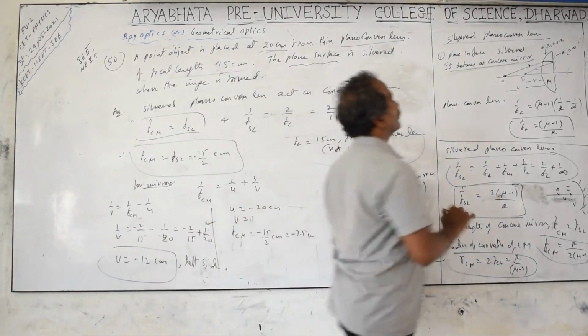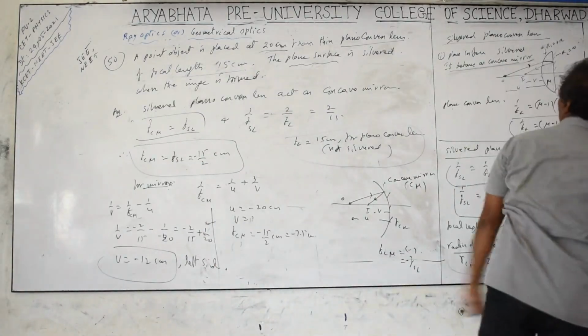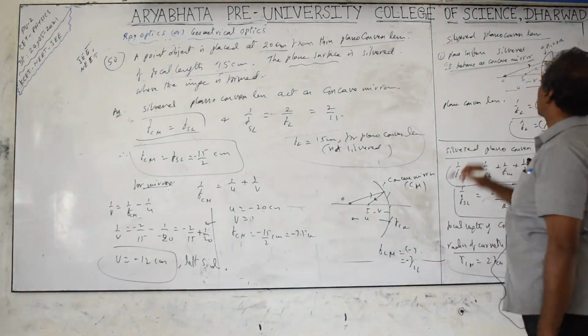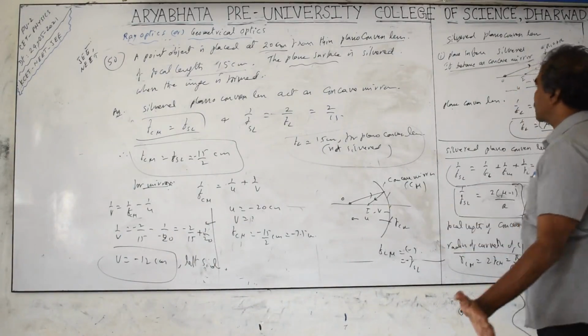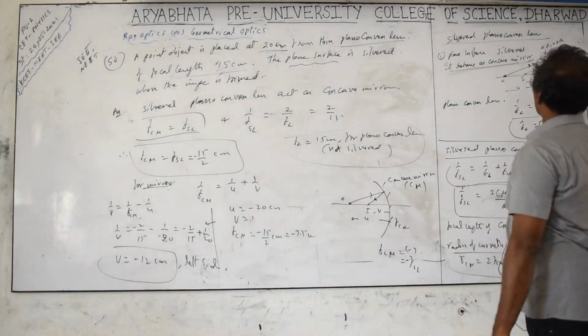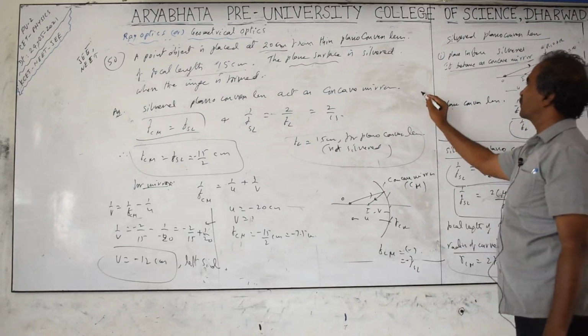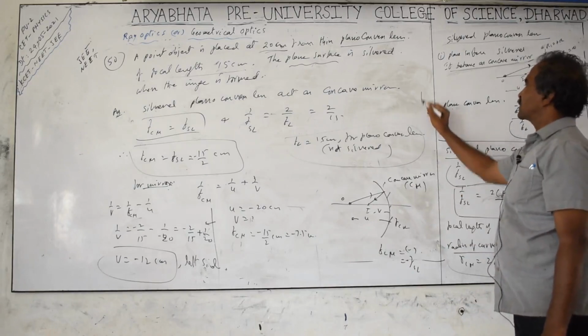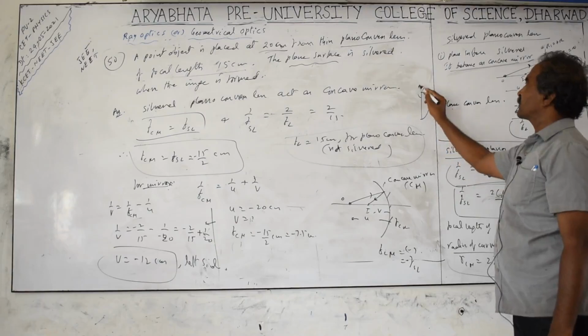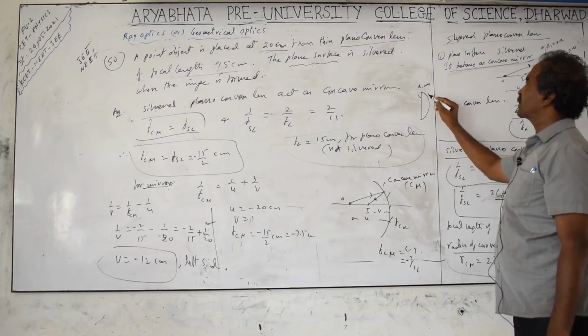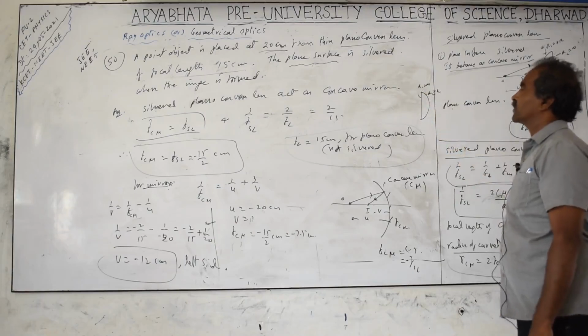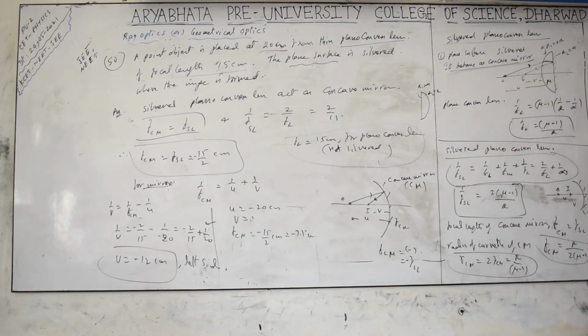In case they give the curved surface silvered, that also acts as a concave mirror only, and the procedure is almost similar after this. But if they give it like this, the formula will be different. If the curved surface is silvered, then R1 becomes equal to infinity and R2 is equal to R, which is on the left side, so it becomes negative.